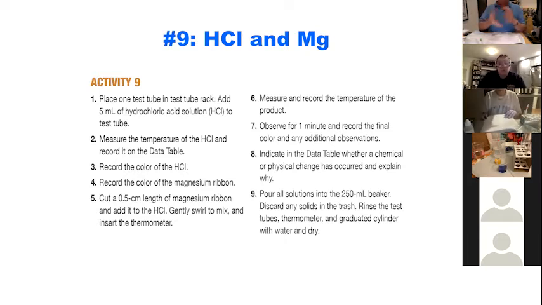We actually calculate it using this reaction. It's a real easy one to do, and it's fun to watch.